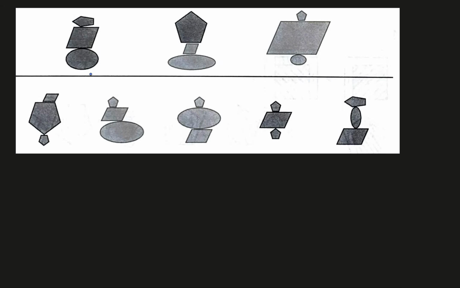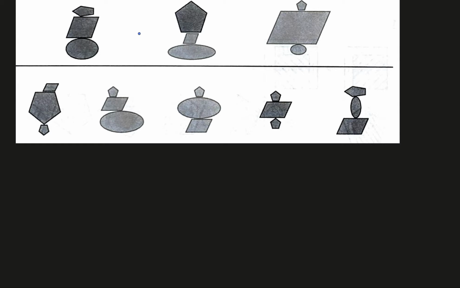That brings to me the last problem, where you would see that you have 3 figures: oval, quadrilateral or parallelogram, and a pentagon. A pentagon, a quadrilateral, and an oval.